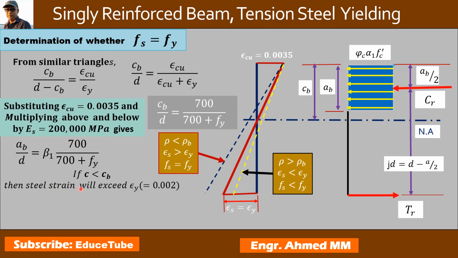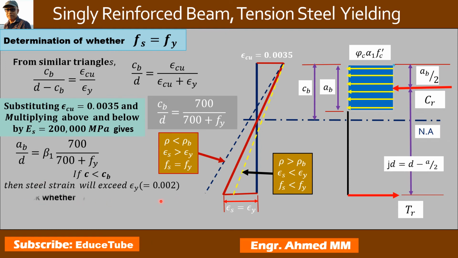So surely our strain will be 0.0024, 0.003 or 0.004. Always it will be greater than 0.002, as it says here, to get tension steel yielding. This side is elastic; steel stress is within elastic.